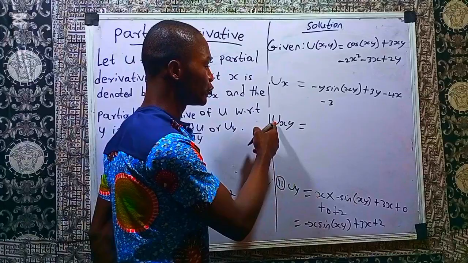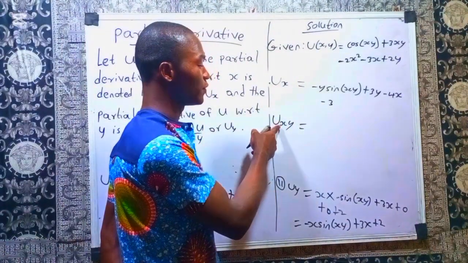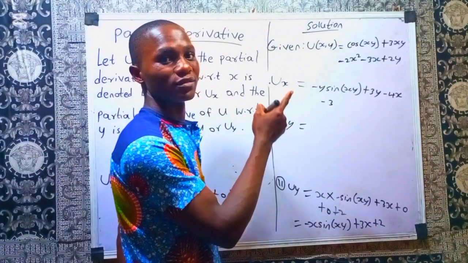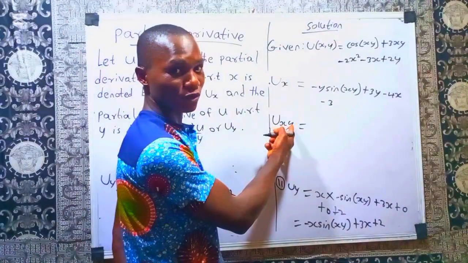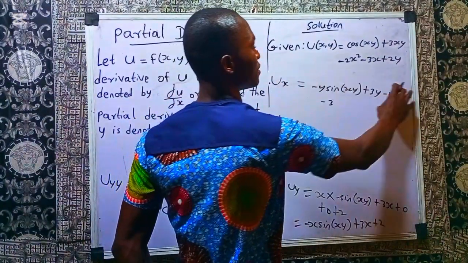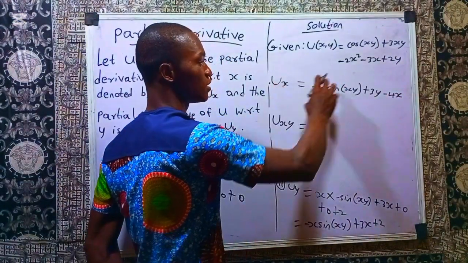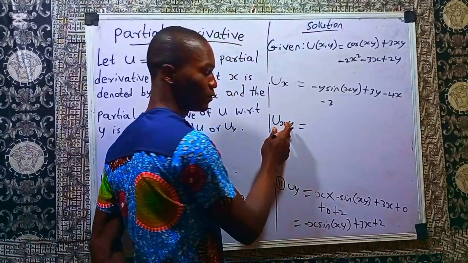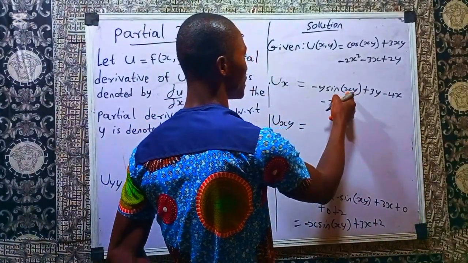Now u subscript xy means differentiate u with respect to x, then differentiate that result with respect to what? Y. That's the meaning of this. So u subscript x is this. Now this is my result of the derivative with respect to x. Differentiate this now with respect to y.